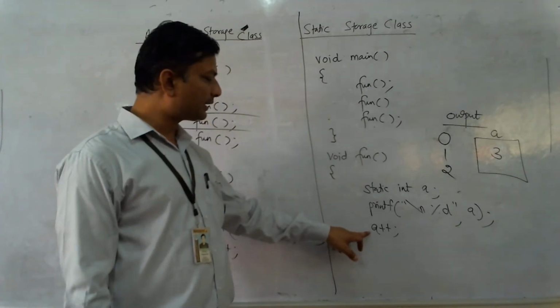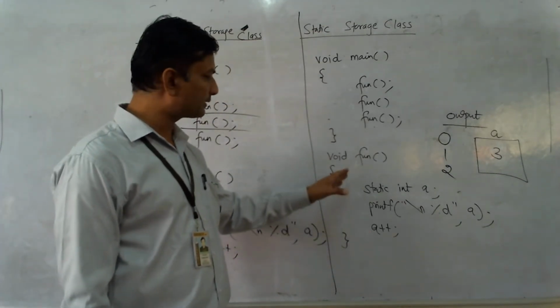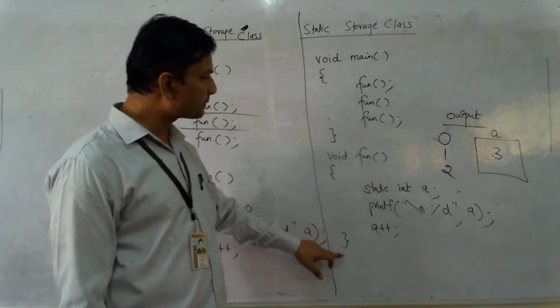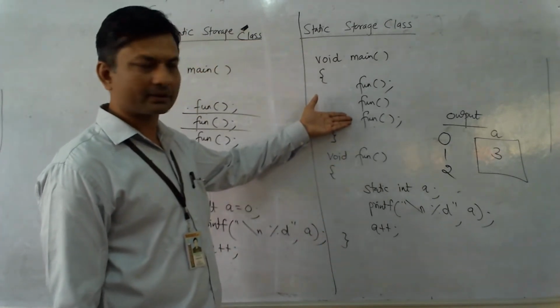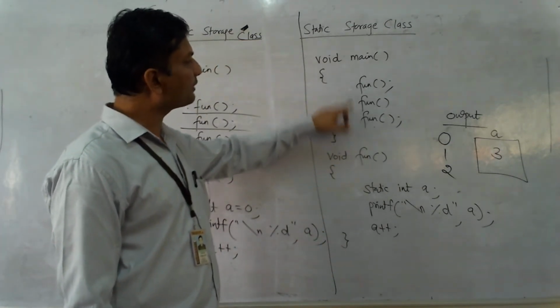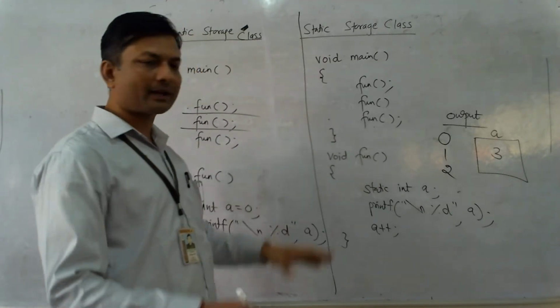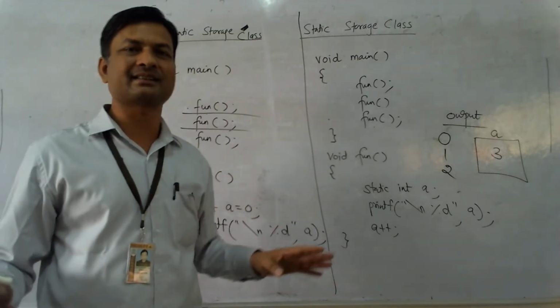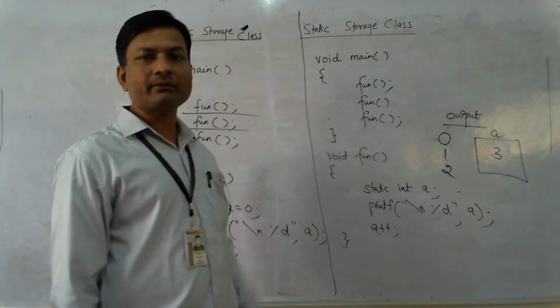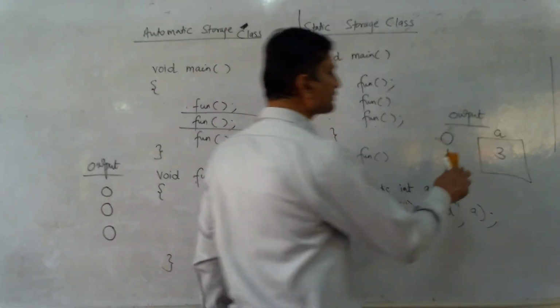So with the execution of last statement, the control returns back to the place from where it jumped. And with the completion of last statement of main function, program will terminate, program will end. When the program ends, then only this variable will be deleted.